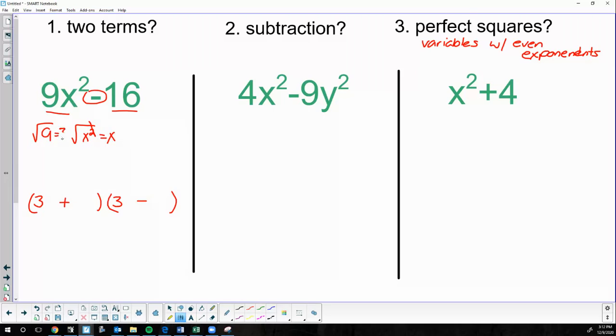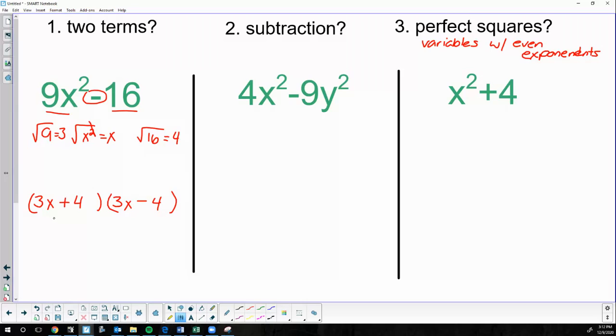So that means it would be x times x. And lastly, we do the square root of 16, which we talked about earlier in the video, is 4. So that would be 4 and 4. And that is how you factor the difference of 2 perfect squares.